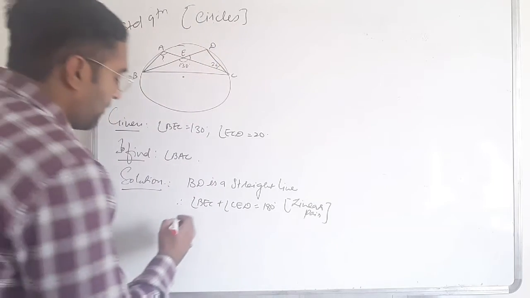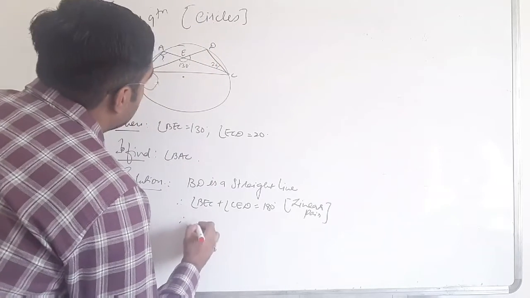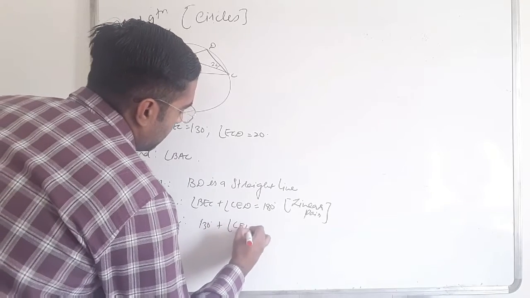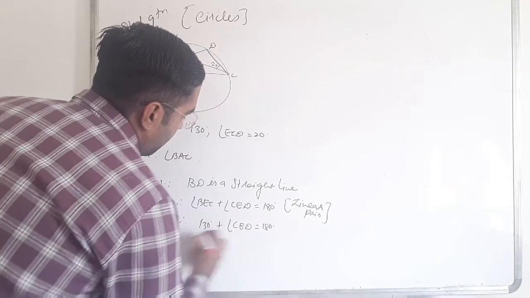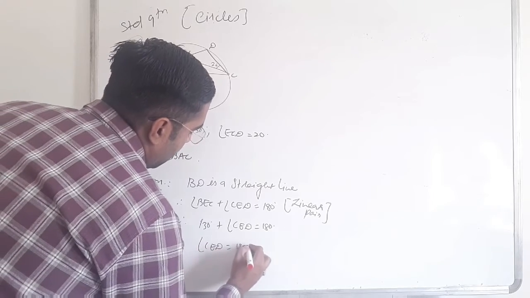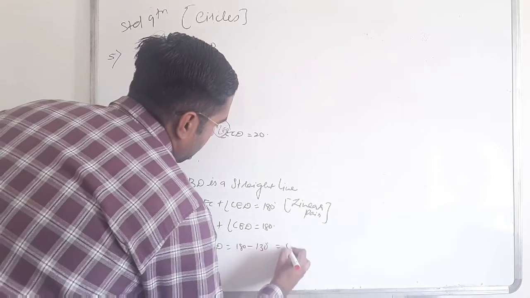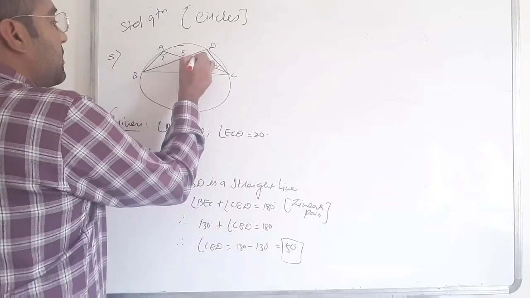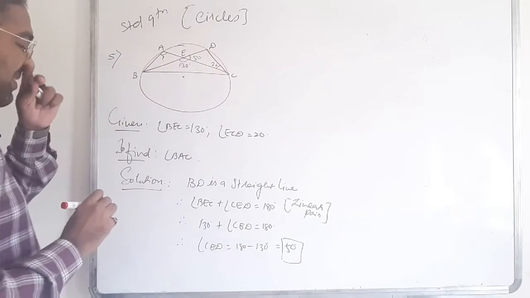So BEC is 130 degrees plus angle CED is equal to 180. Therefore angle CED is equal to 180 minus 130, that is 50 degrees. So here your angle is 50 degrees.